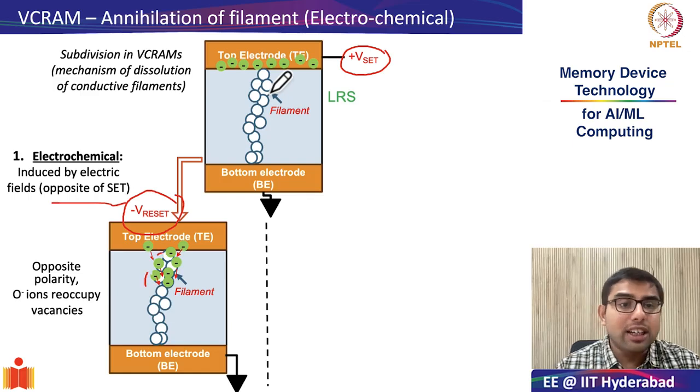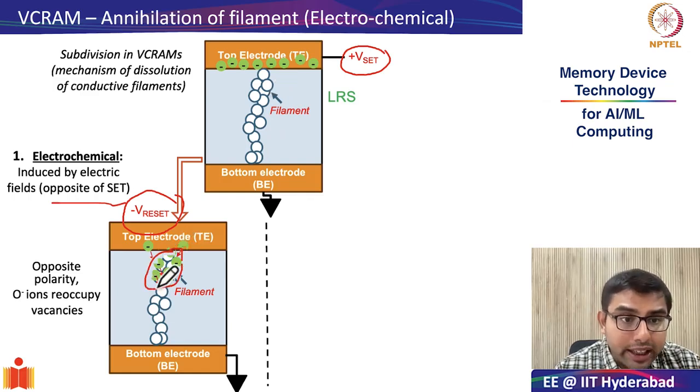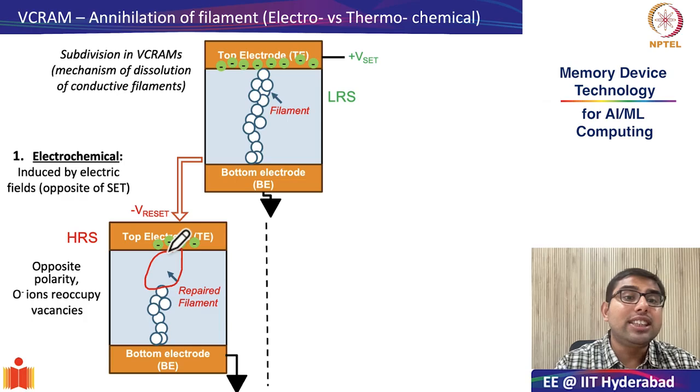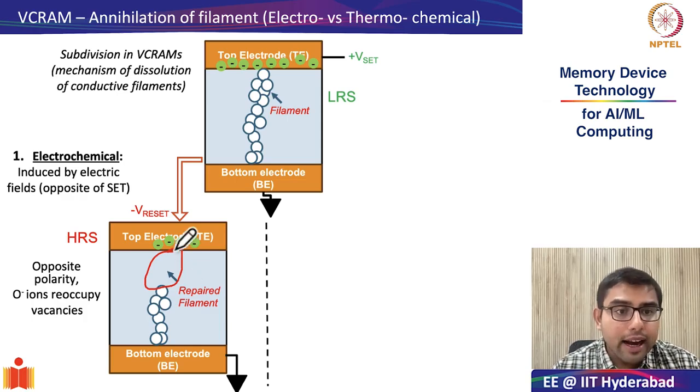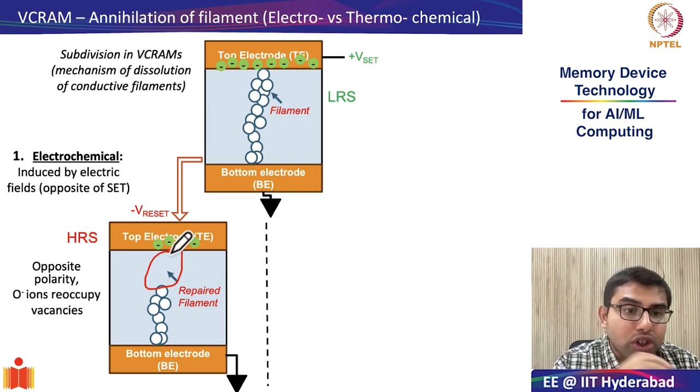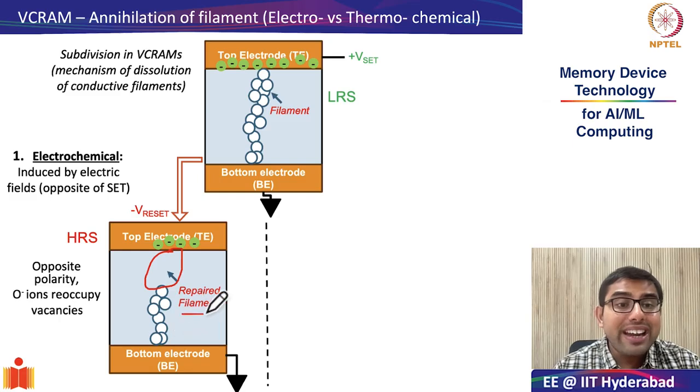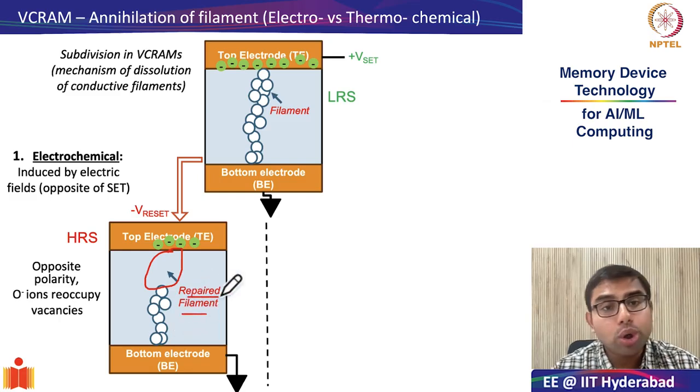And as a result, some part of these oxygen vacancies which were created during forming or set get repaired, and therefore there is no longer any presence of this substoichiometric oxide, and this is termed as the filament getting repaired, or sometimes you also say the filament has got annihilated.